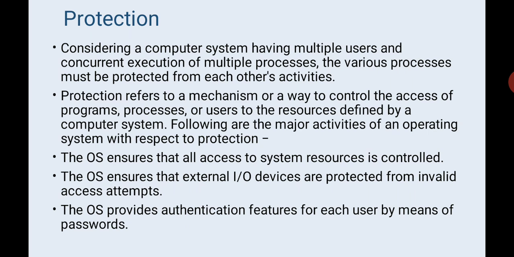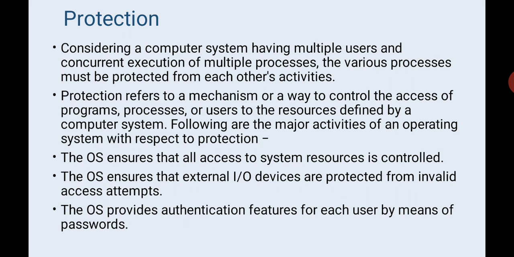Protection. Consider a computer system having multiple users and concurrent execution of multiple processes. These must be protected from each other's activities, right? Protection refers to a mechanism by which you control the access of programs, processes, or users to the resources defined by a computer system. You're actually restricting.